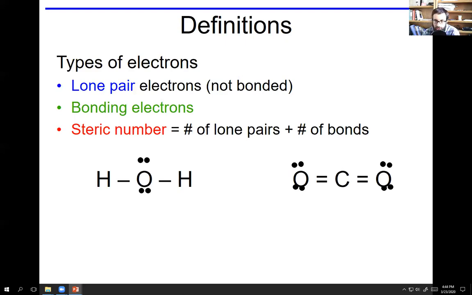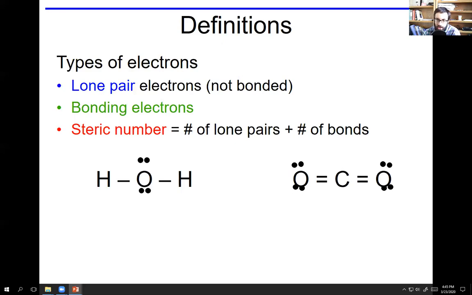So let's look at these two structures. I have the Lewis structure of water drawn out and the Lewis structure of carbon dioxide drawn out using our rules, the octet rule for most of the elements, and the duet rule for hydrogen. We could come up with these structures, and calculating the total number of valence electrons would be part of that calculation. I hope you can do that by now. So there's the Lewis structure for water.